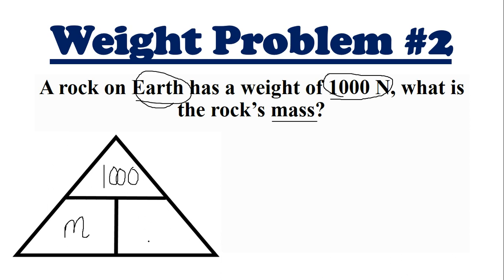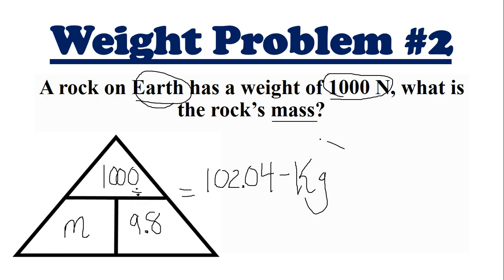It all depends on what planet you're on. This says we're on Earth, so we know Earth's gravity is 9.8. Now we look at the numbers. Are they next to each other or on top of each other? They're on top of each other, so we're going to divide. When you enter this in the calculator, you're going to do 1,000 divided by 9.8. When you do that, you should get 102.04. And the unit for mass is kilograms.